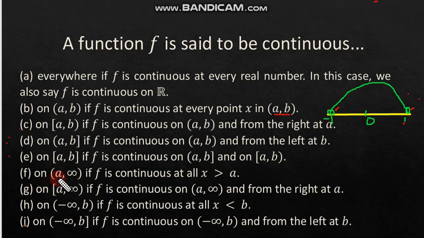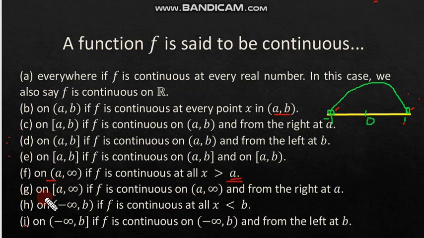Okay, on f on the interval (a, infinity), our function is continuous at all values of x which are greater than a. Since this is a parenthesis, we will not include the a, whatever the value of x which is greater than a.